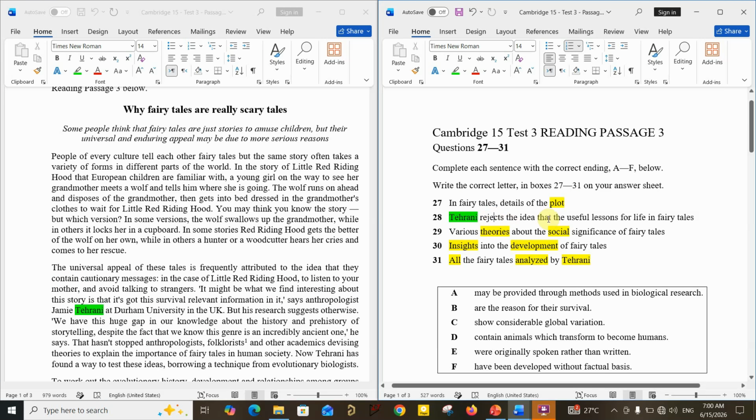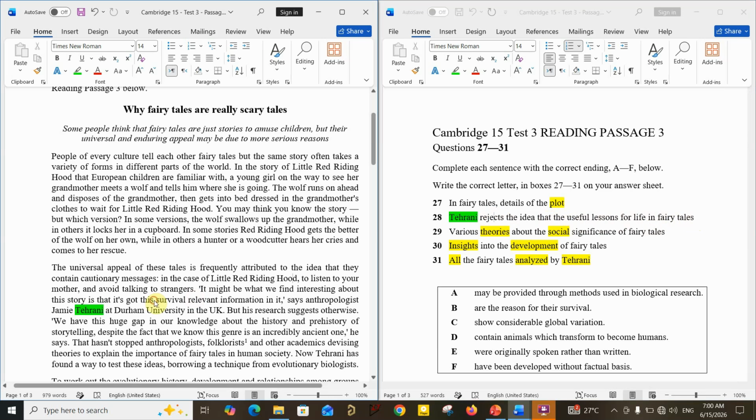Tehrani rejects the idea that the useful lessons for life in fairy tales. So, maybe before that, here he says something. It might be what we want, what we find interesting about this story is that it's got this survival relevant information in it, says Tehrani.